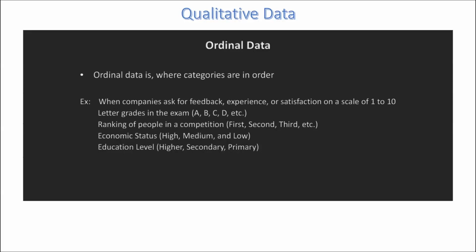And when it comes to the next letter in alphabetical order, the marks are lower for that candidate compared to the previous grade. When you compare an A grade person to a B grade person, the A person has a higher score. So it is a kind of ranking order: ranking of people in a competition, economic status, education level.